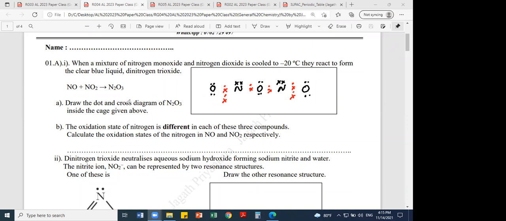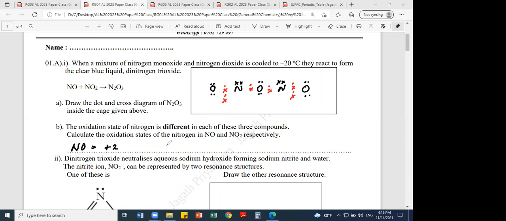The oxidation state of nitrogen is different in each of these three compounds. That means in NO, NO2 and NO3, the oxidation numbers of nitrogen will not be the same. Calculate the oxidation state of the nitrogen in NO and NO2 respectively. Can you post the answer to the chat? NO, nitric oxide: the oxidation number of nitrogen is plus 2.